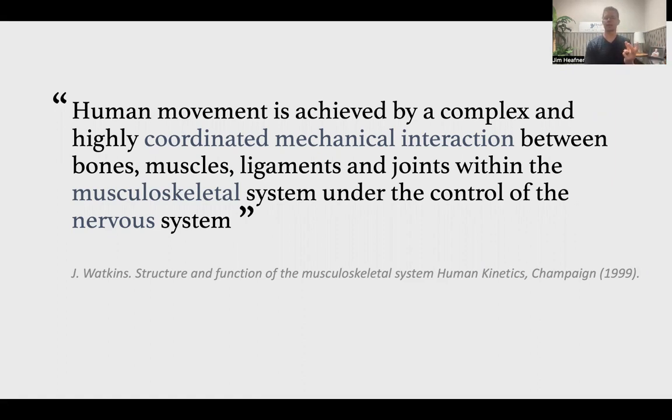And there are a few key points to this definition. One, it's complex, it's highly coordinated, and there's this mechanical interaction, which means that physical stresses go through our body, and how we utilize those stresses depends on how much force production we get out of the movement, and also how much force goes into our body and into our tissues.